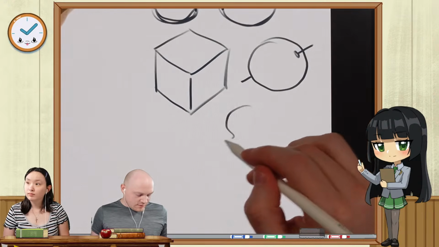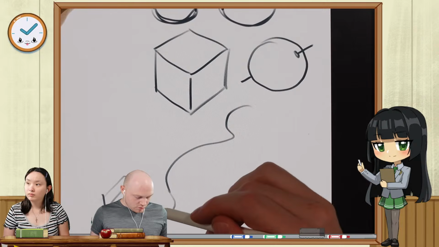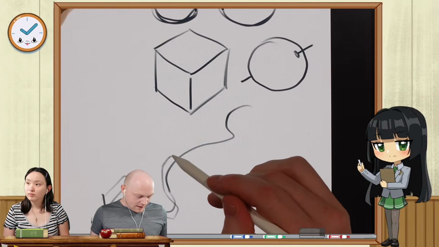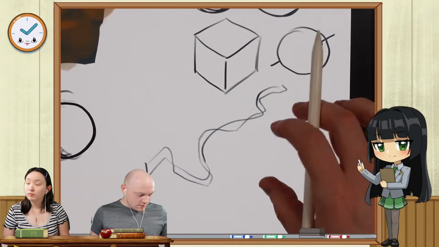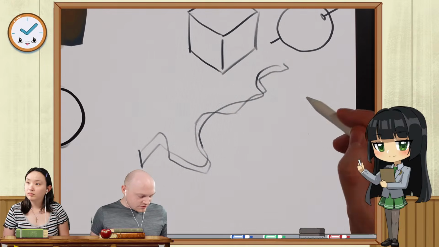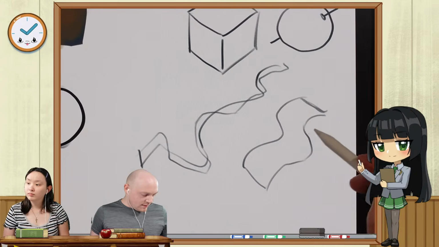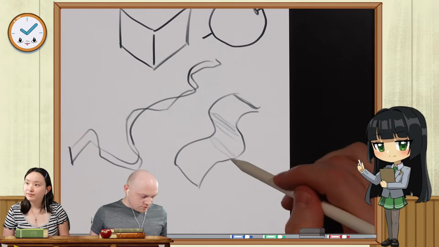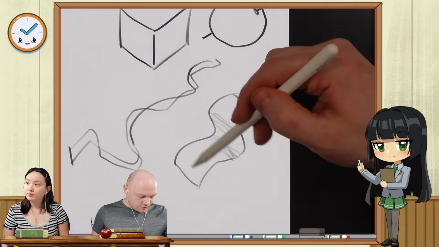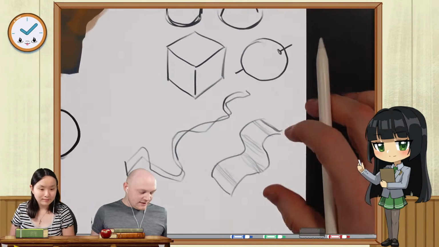You can learn how to render ribbons, and ribbons are a lot of the time like compound cylinders. So if you're a noob and you want to learn how to render or shade, start with learning the basics of shading these for sure.